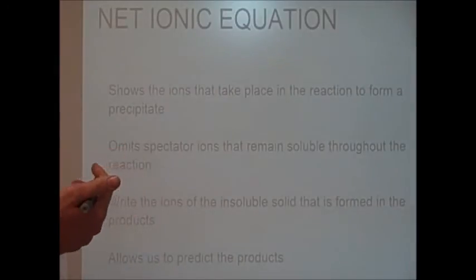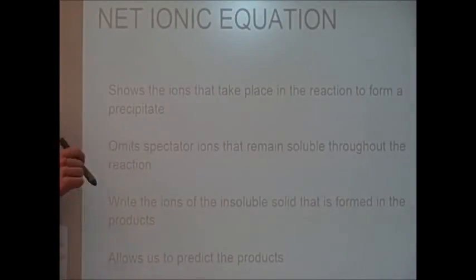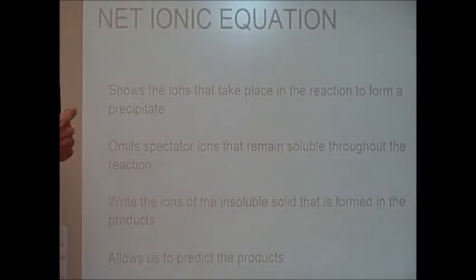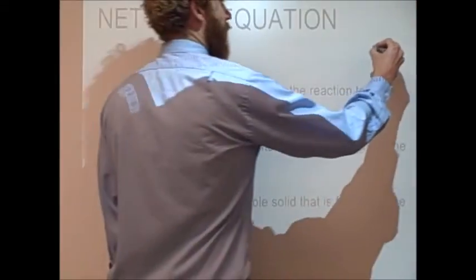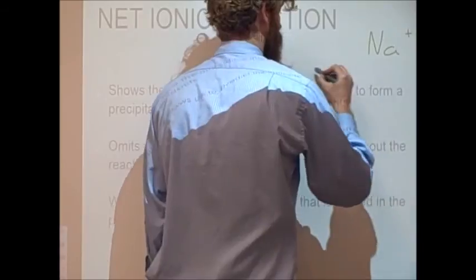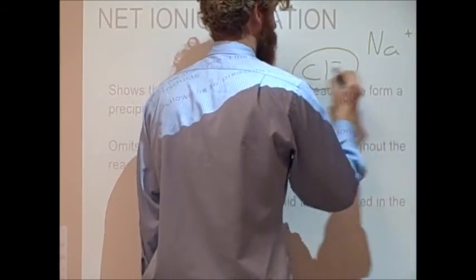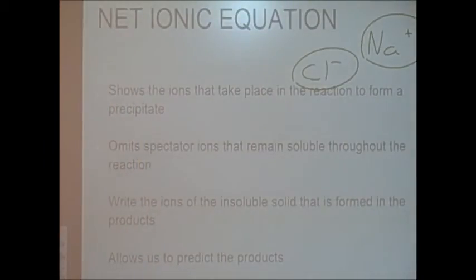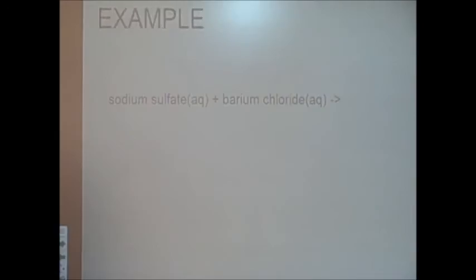Because when we have sodium chloride in water, it's going to separate, it's going to dissolve, because like dissolves like, and because water is polar and sodium chloride is polar as well, we're going to have Na+ and Cl-. So these two are going to separate in water. This allows us to omit the spectator ions that remain soluble throughout the entire reaction and just write the meat of the problem. So let's do an example together.